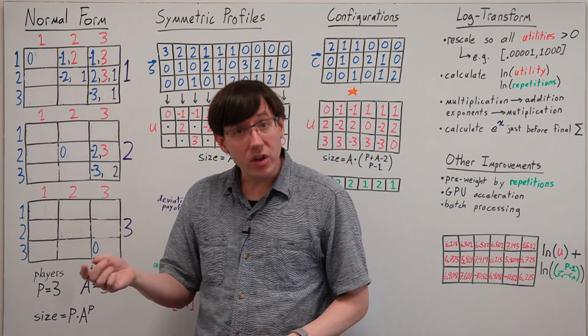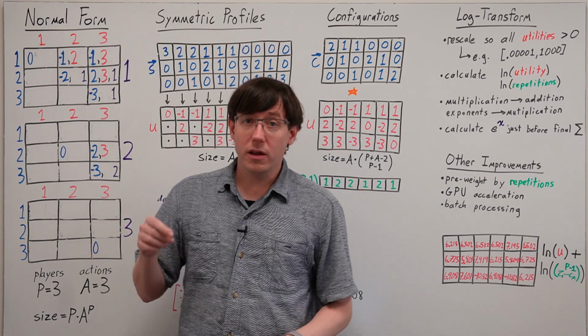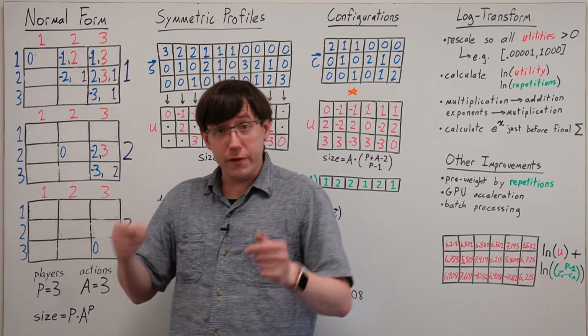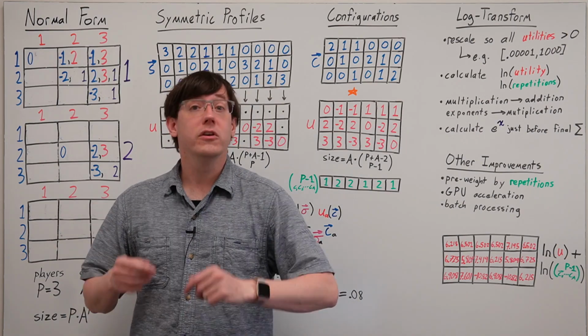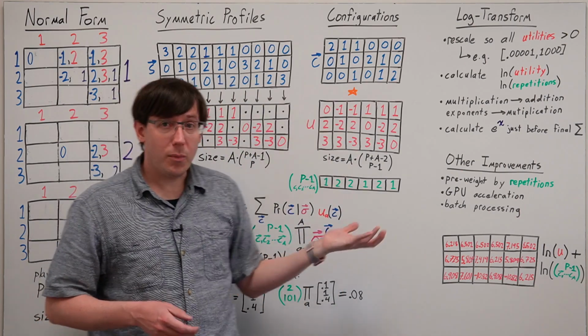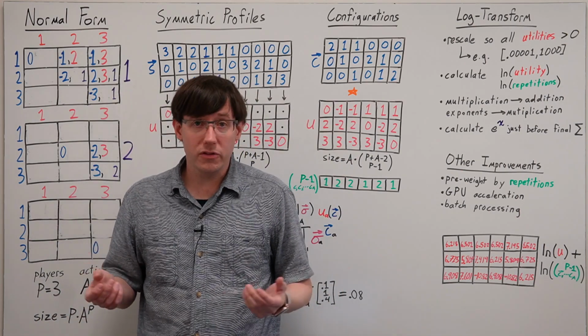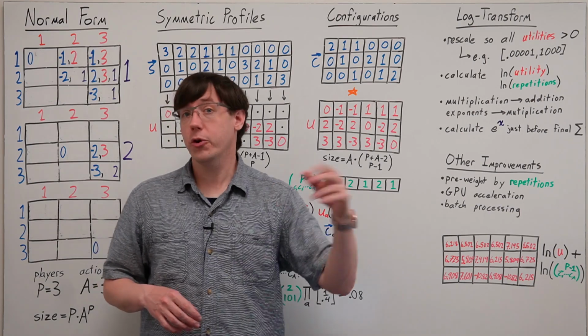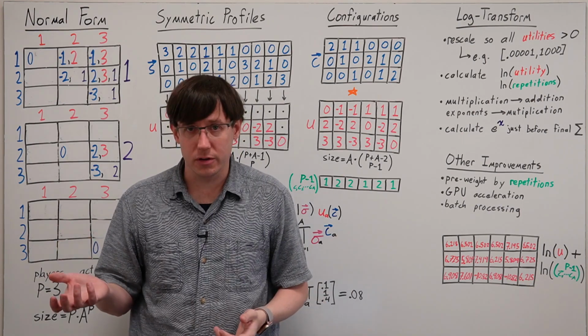And in fact, it's enough of an improvement that we can represent games that are sufficiently large to cause numerical problems. For example, in this representation, it's totally plausible to store a game with 30 players and 6 actions.